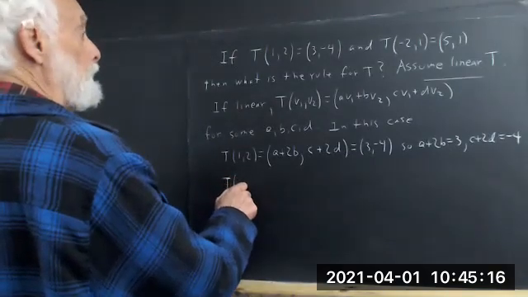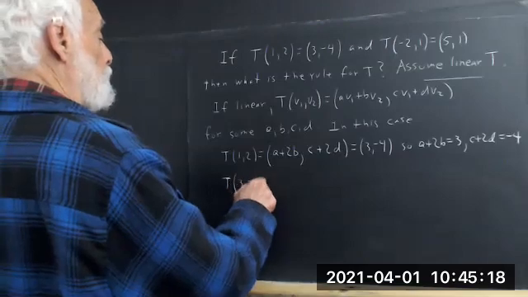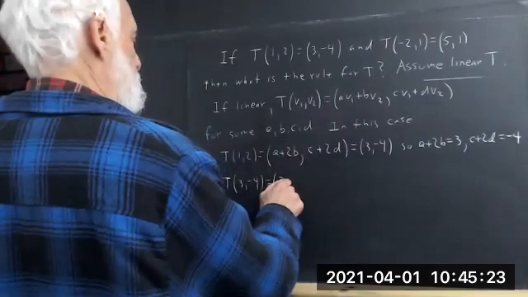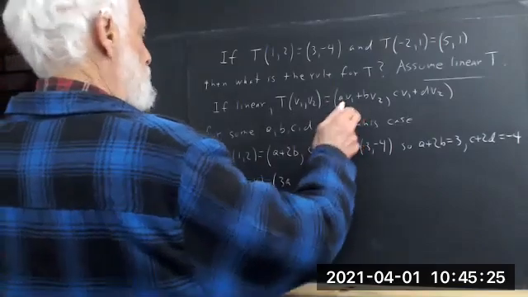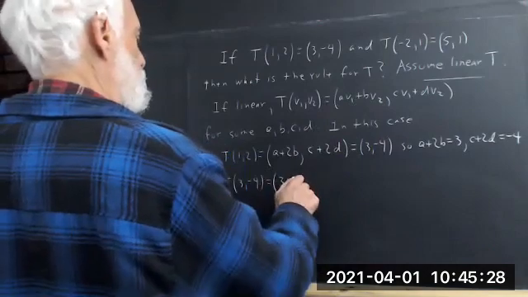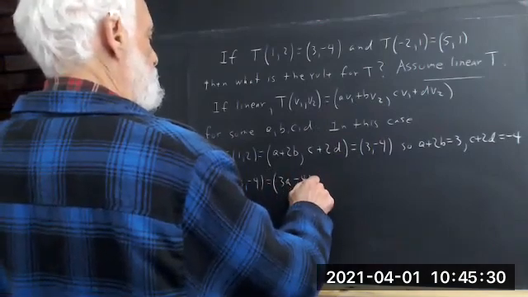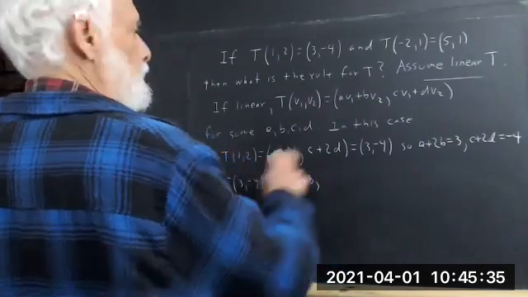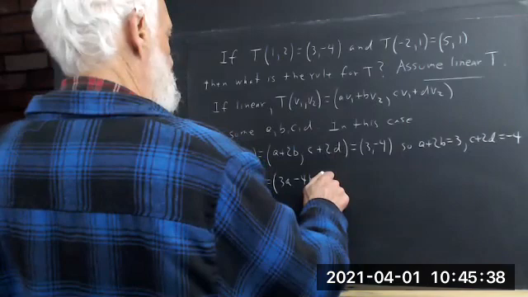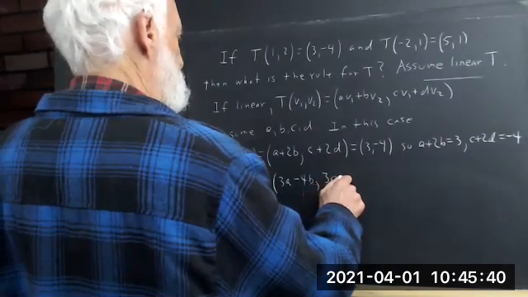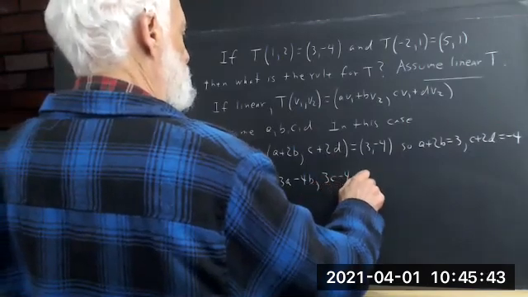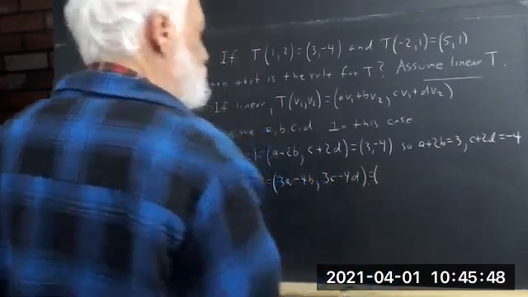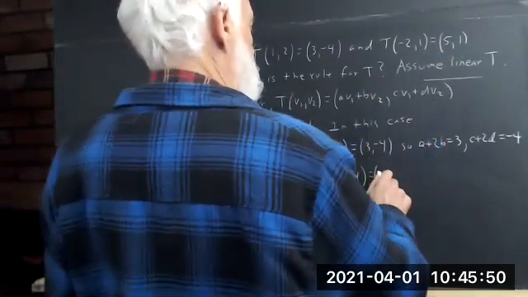T of 3, -4 equals, well, 3 times A plus B V2, which is -4 times B, and 3 times V1, 3 times C, -4 times D. And that has to equal 5, 1.